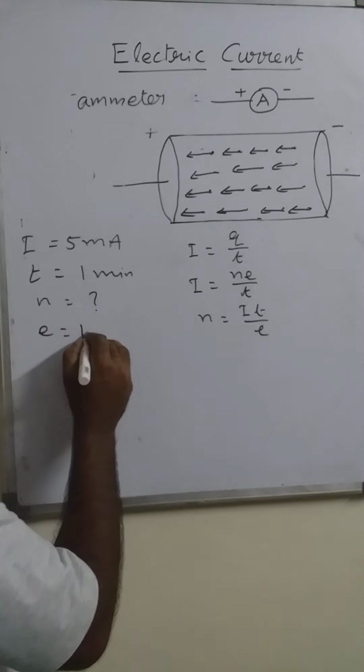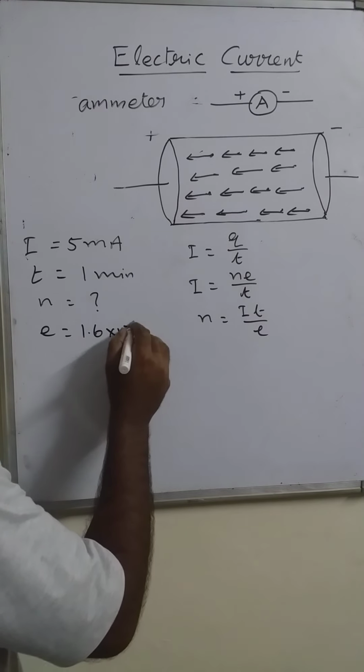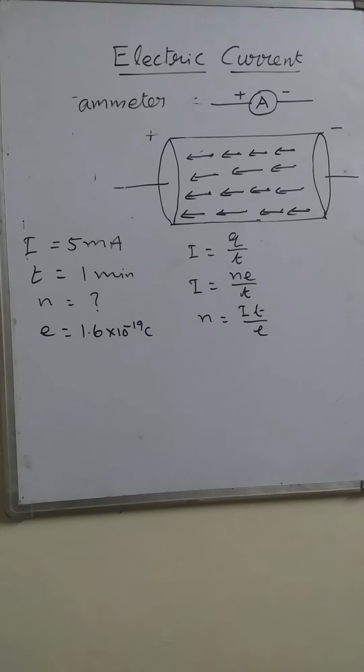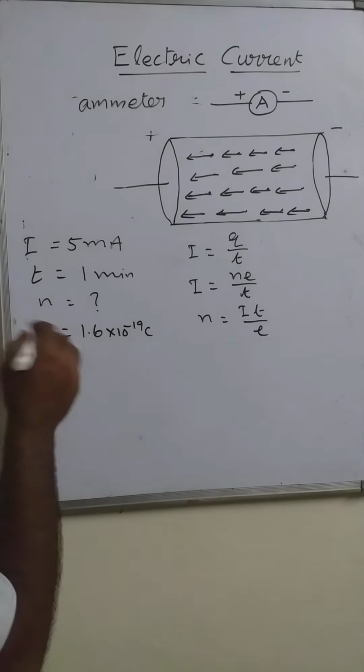E equal to 1.6 into 10 power minus 19 coulomb. It is the standard value, the constant value, it never changes.